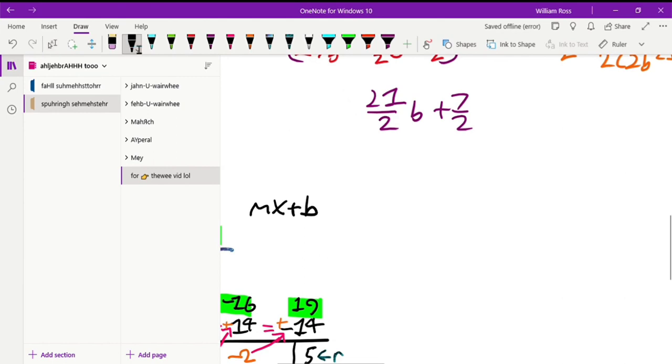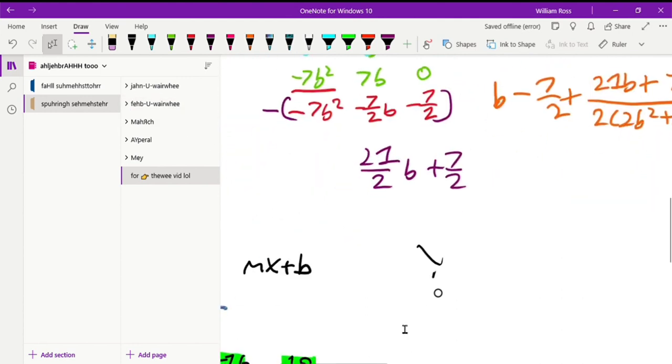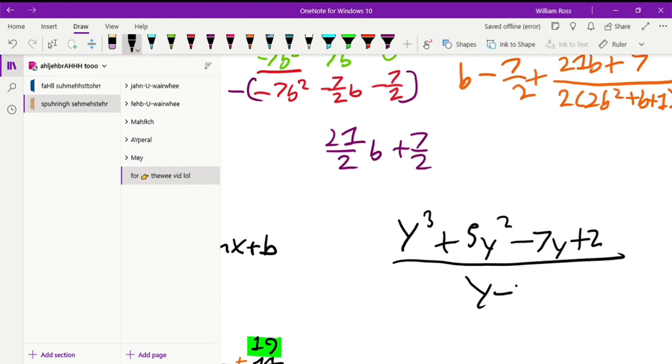Alright, so let's do y to the third plus 5y squared minus 7y plus 2, divided by y minus 2.